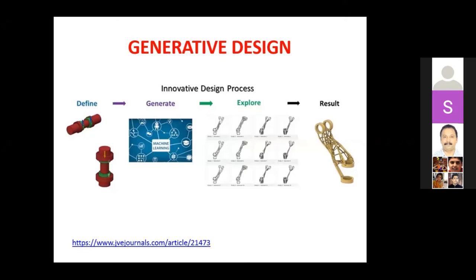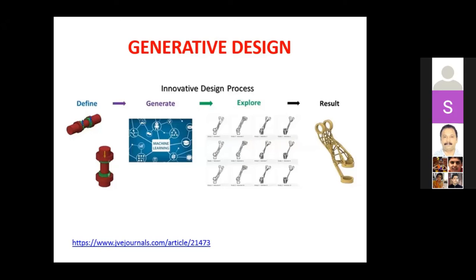A human being will try to think about one more new design. At most he will think about two or three designs. But once this process is understood by the algorithms and software, it will generate thousands of solutions, lakhs of solutions for one particular design, which a human being is not capable of thinking.